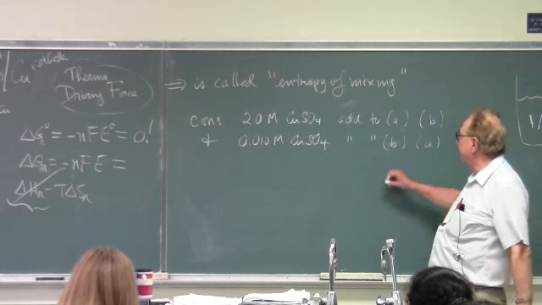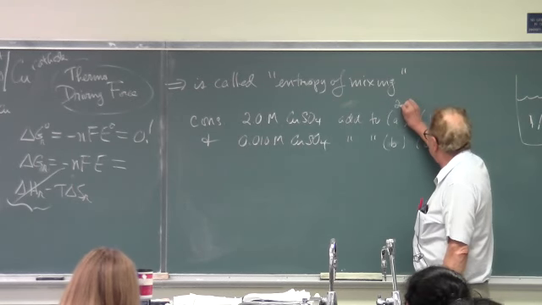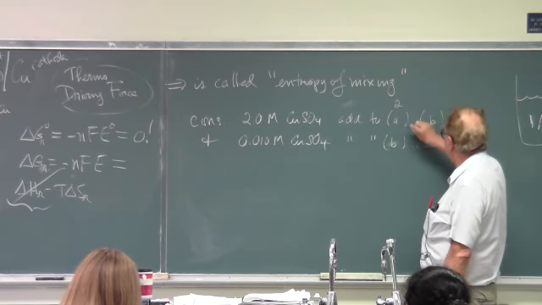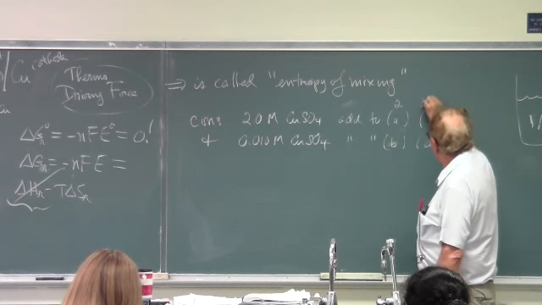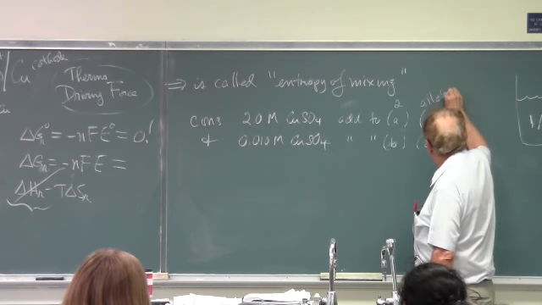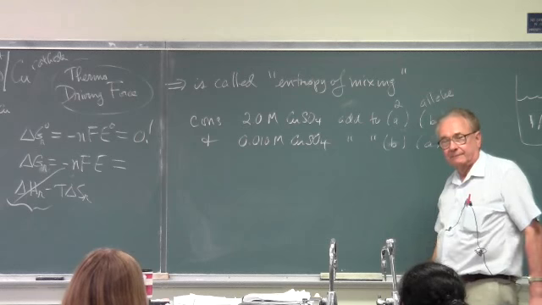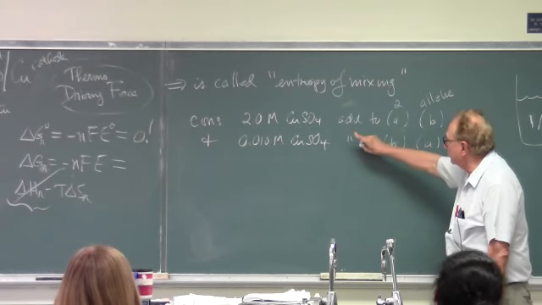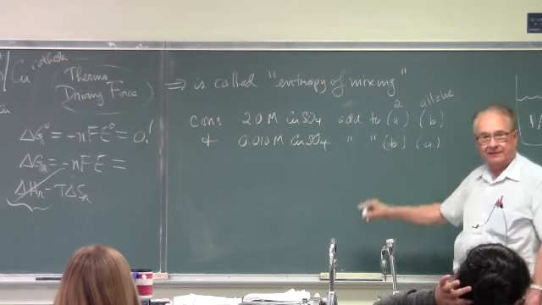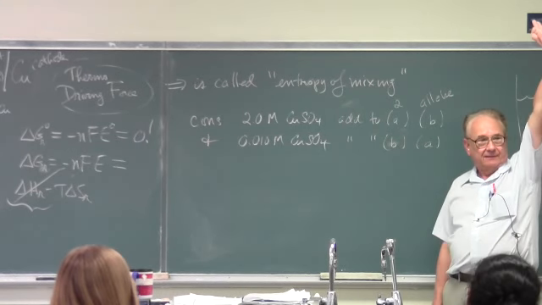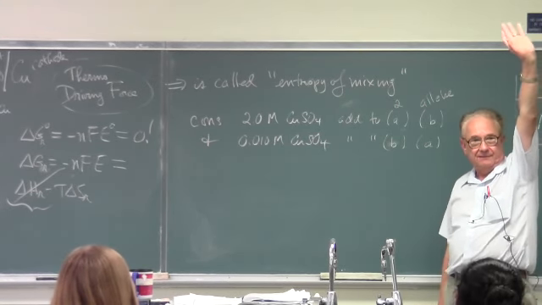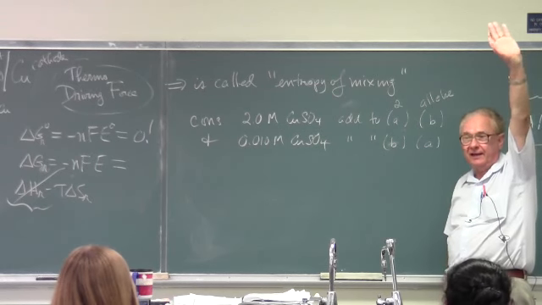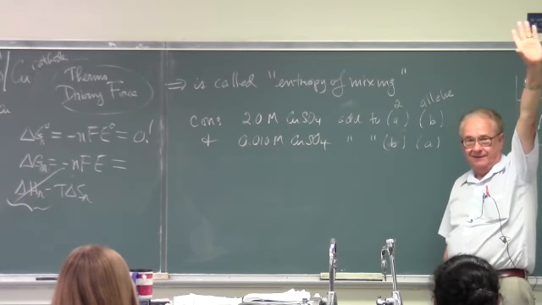Well, that means 2 and all else. How many of you want to put 2 molar copper sulfate solution in half cell B? Well, you don't want to put it in A, you don't want to put it in B.